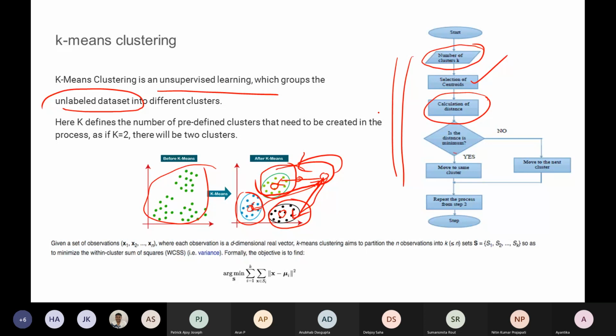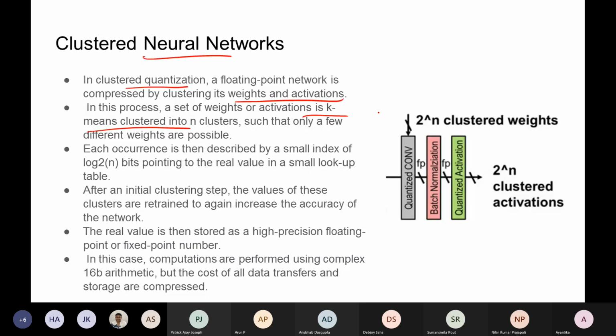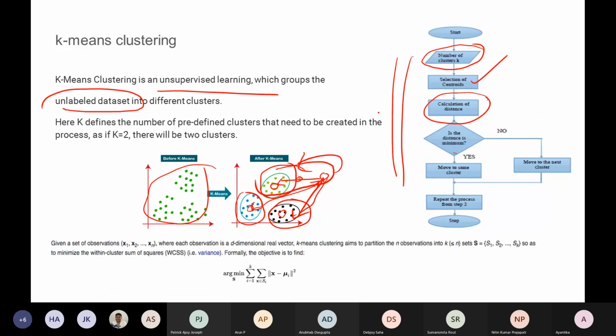So that is the concept of a clustered neural network. You are sharing the weights for multiple computations. Okay. So this is the concept of clustering.